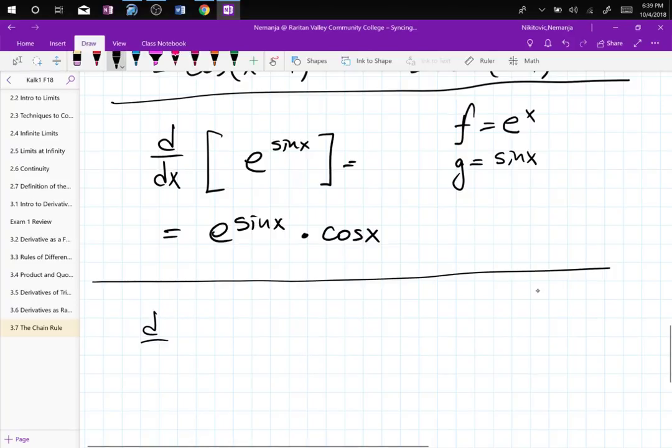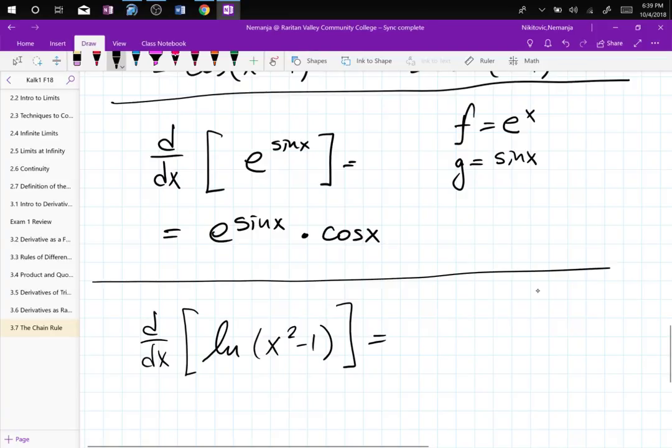So let's go with another problem. ln of x squared minus 1. Sounds good. The beauty of these lectures is you can just literally throw anything on a table and make functions off of it.